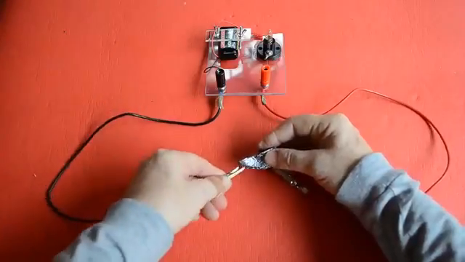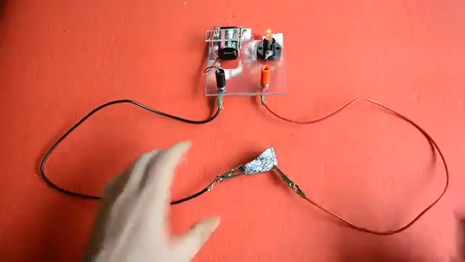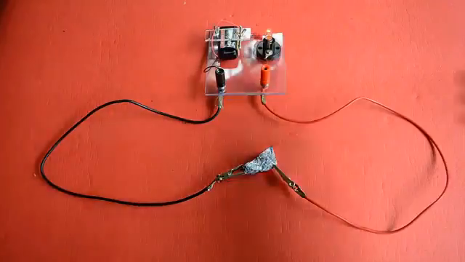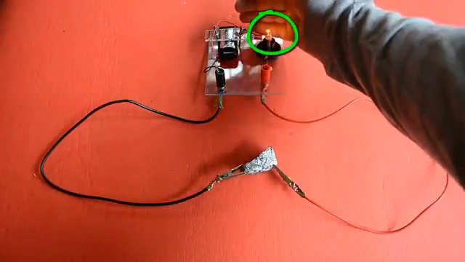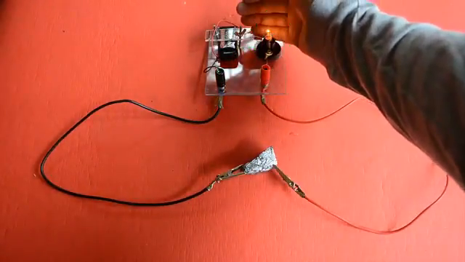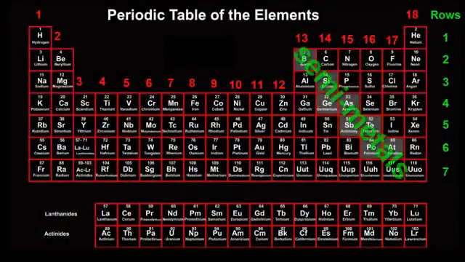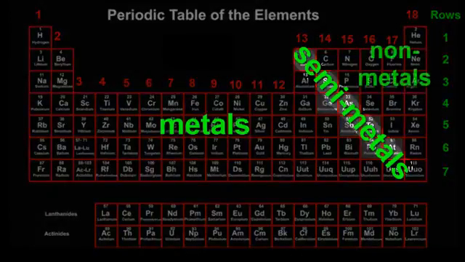So it's brittle like a non-metal. And the dull glow of the bulb tells us that it conducts electricity more than a non-metal, but not as much as a metal. And this gives it the name of semiconductor. These elements are also called semi-metals because they have properties that are in between metals and non-metals.